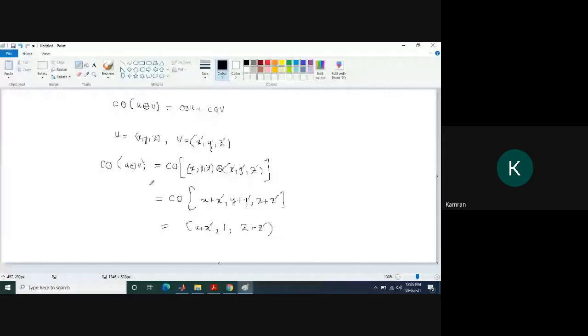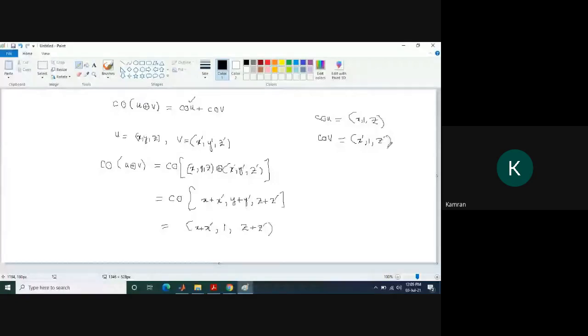Now we take c dot u. c dot u is equal to (x, 1, z). And c dot v is equal to (x prime, 1, z prime) by definition.